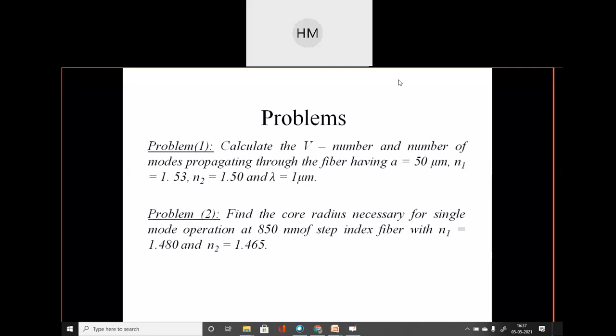A symmetric step index planar waveguide is made of glass with n1 equal to 1.5 and n2 equal to 1.49.